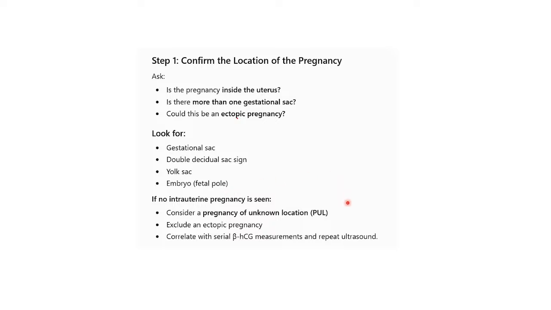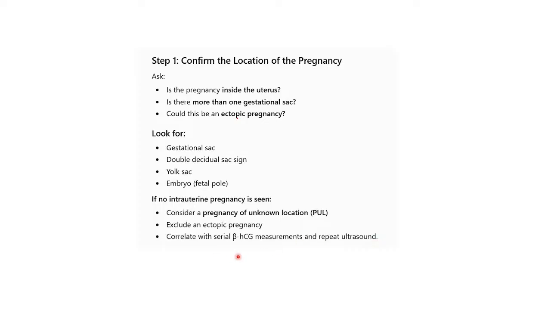If no intrauterine pregnancy is seen, then consider a pregnancy of unknown location, PUL. I've discussed that previously. You can check my previous presentations, where I presented about the pregnancy of unknown location.